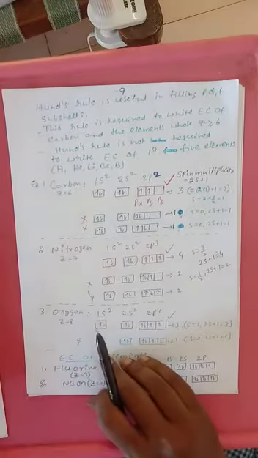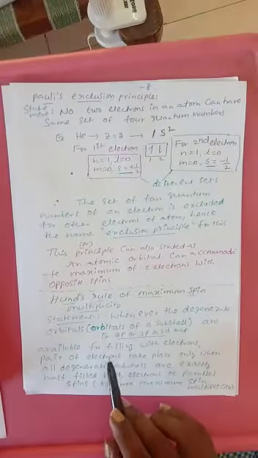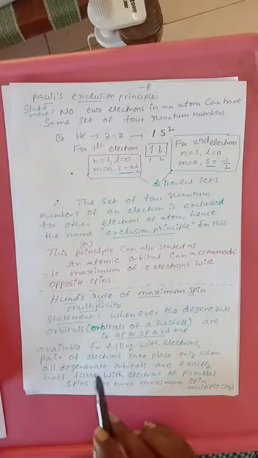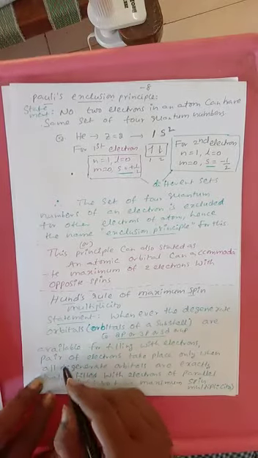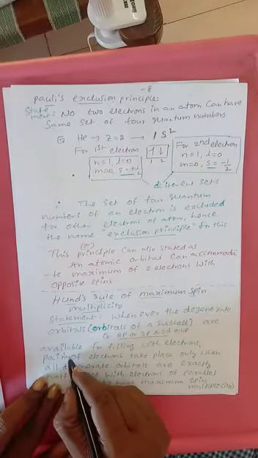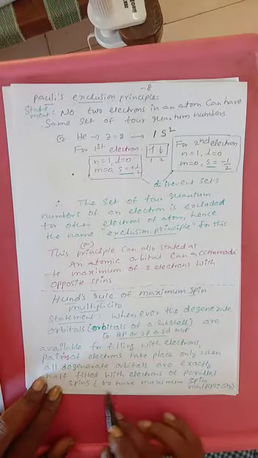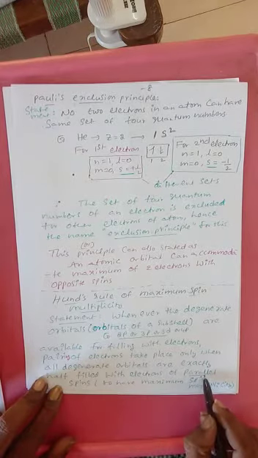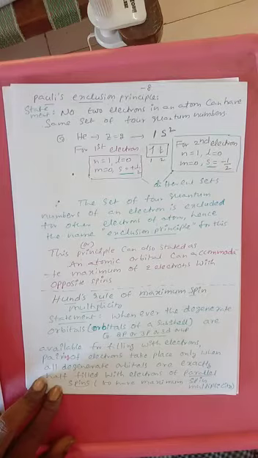What is Hund's rule? Whenever degenerate orbitals, px, py, pz orbitals, are available for filling, pairing of electrons takes place only when all degenerate orbitals are exactly half filled with electrons of parallel spins. Don't forget, electrons of parallel spins.